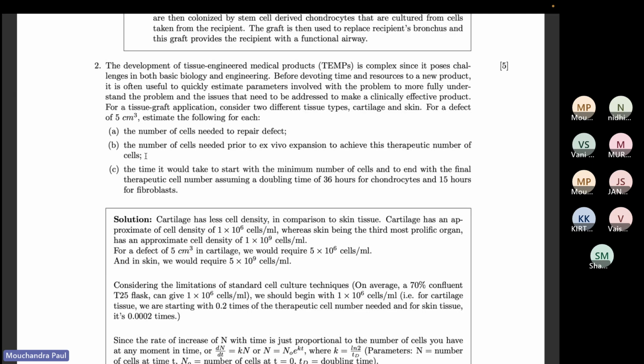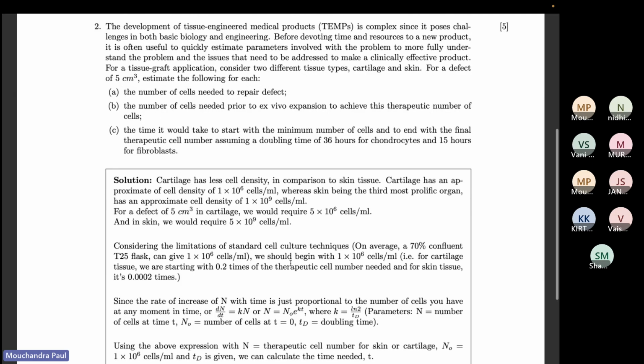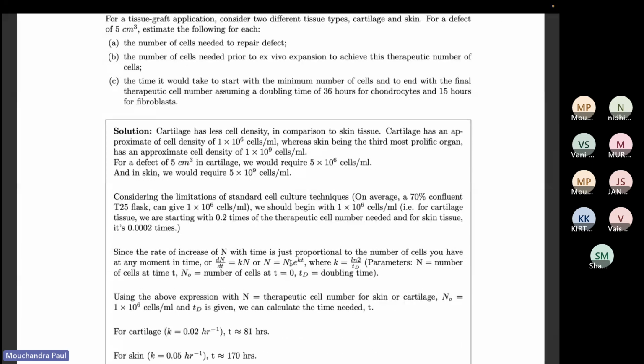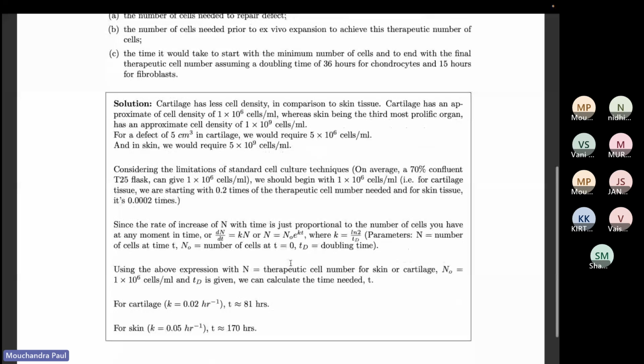In part C, you had to use the cell growth equation. Do you guys remember the cell growth curve? There is a lag phase, log phase, and the stationary phase. For the exponential phase, that is the log phase, people have derived an equation where the increase in cell number is directly proportional to the number of cells present at that particular moment.